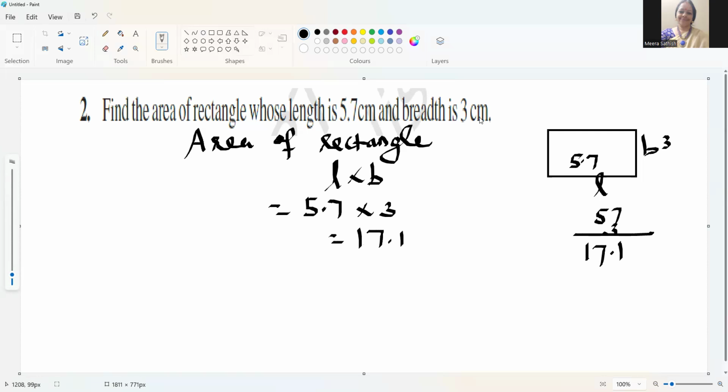The unit you have to write is centimeter, no? So you can write either square centimeter or centimeter square like this. 17.1 square centimeter. Next one, if it is perimeter, I hope you know that 2 into L plus B will be the formula.